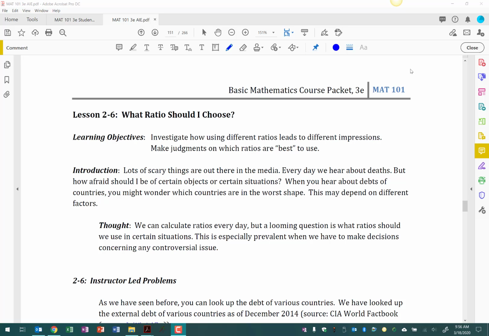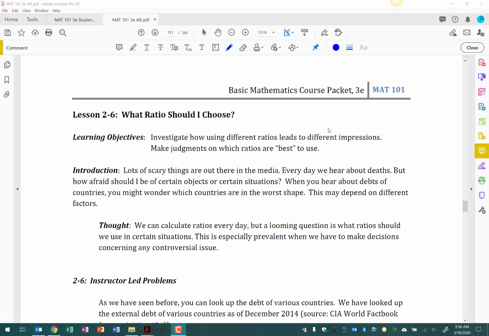What we're going to look at today is some data and a single idea, but find that by looking at different ratios, we get different rankings of, in this case, countries, specifically dealing with how much debt the countries have.